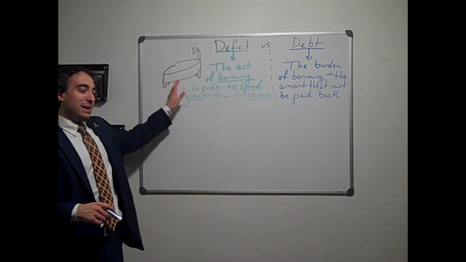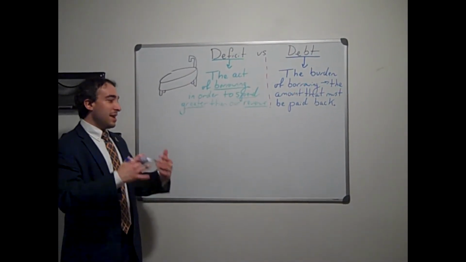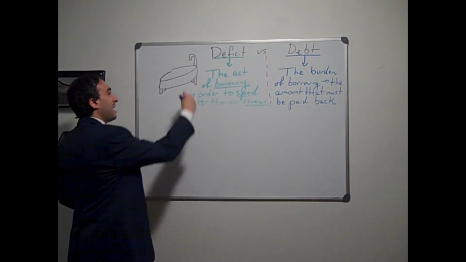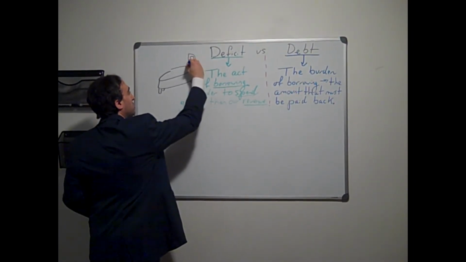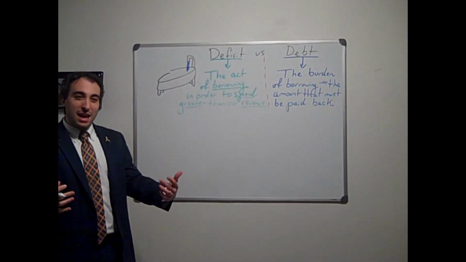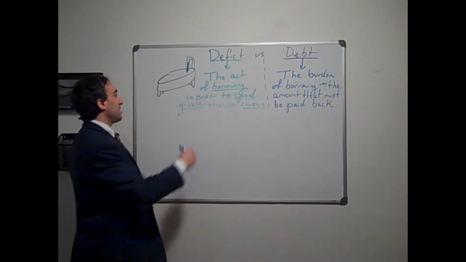And I like to use my bathtub analogy. So deficit spending is the act of borrowing in order to spend greater than your revenue. It is like turning the water on in a bathtub.